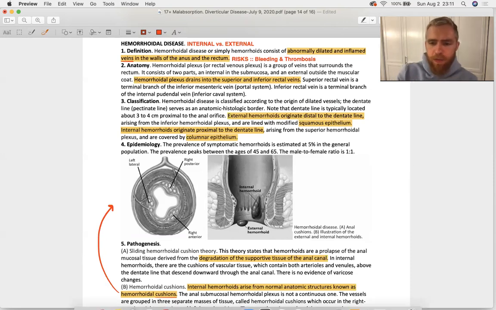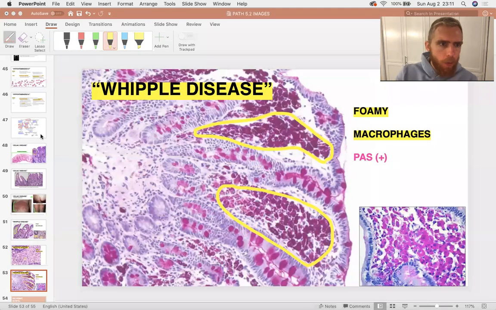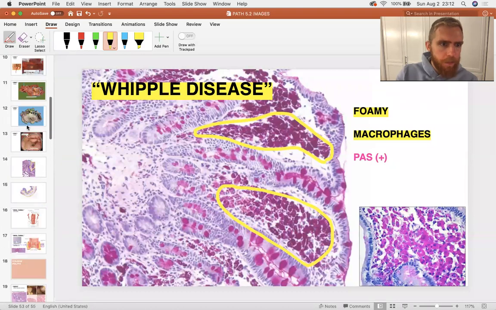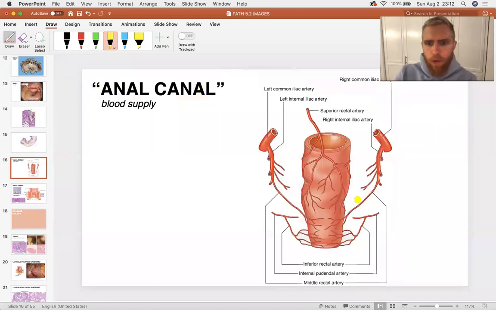Now, your rectum is supplied. Wonder if I still got this picture in here. Yeah, here we go. So here's a good look at the anal canal, and here's the inferior rectal artery, and then this up here would be the superior rectal artery.